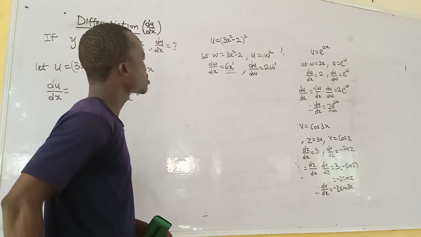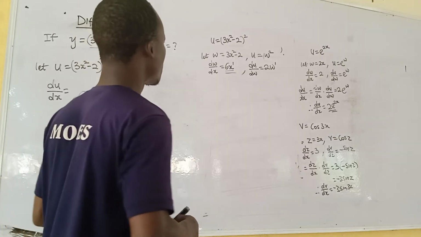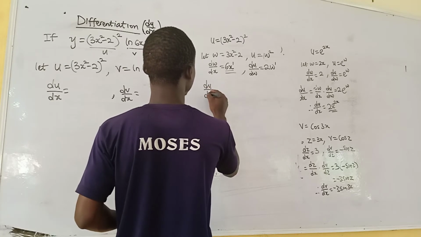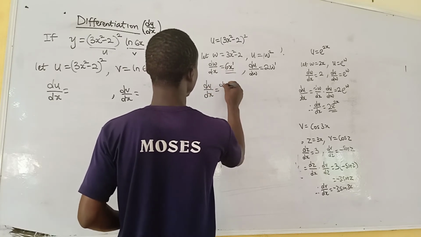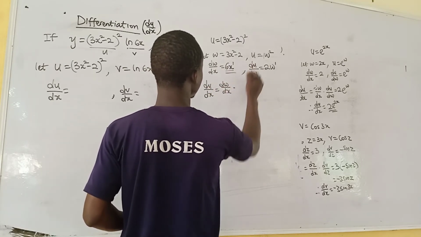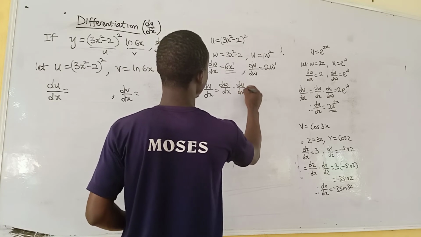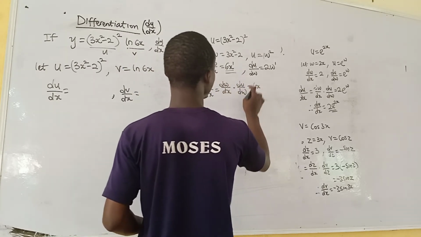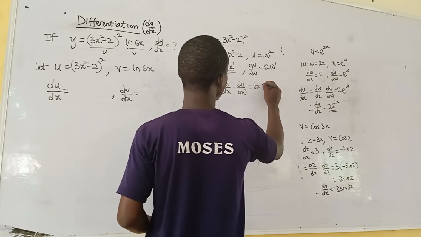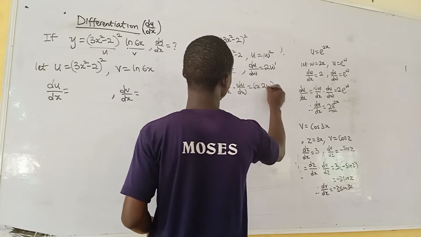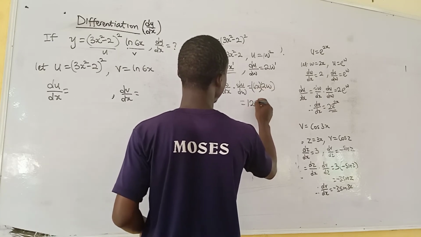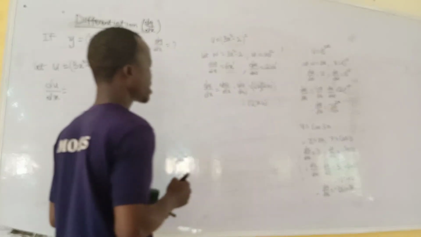The next thing for us is to use our chain rule formula. Our chain rule formula says that du/dx will be dw/dx times du/dw. dw/dx is 6x, and du/dw is 2w. Now 6 times 2 is 12xw, right?